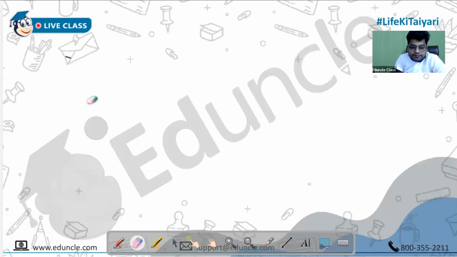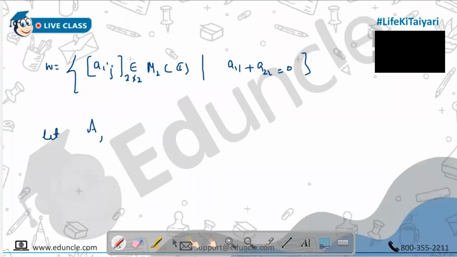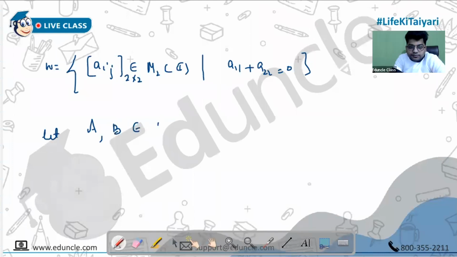If you are saying W is the set of Aij 2 cross 2 belonging to M2(C) with A11 plus A22 equal to 0, let A and B belong to W, so A equals Aij 2 cross 2.